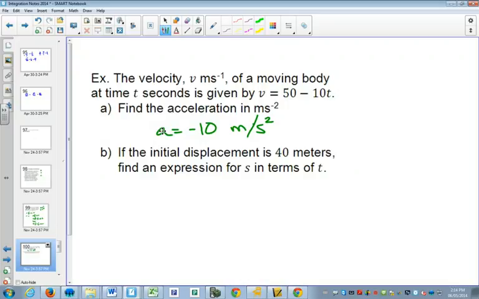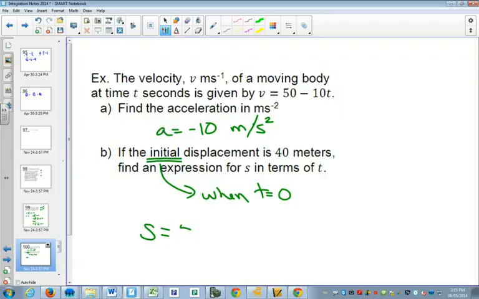So if the initial displacement, what does this mean when they say initial? T is equal to 0. So when time is 0, we know that the initial displacement is 40 meters. If we want to find S, what would we have to do to find S? Integrate which one?